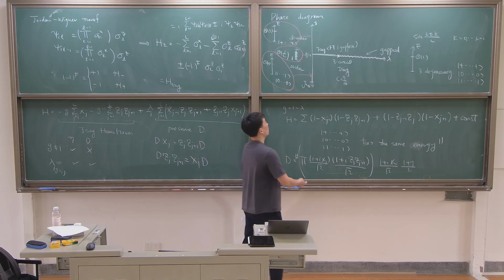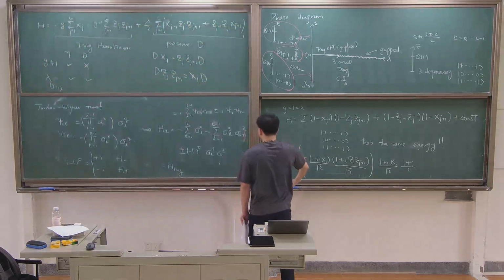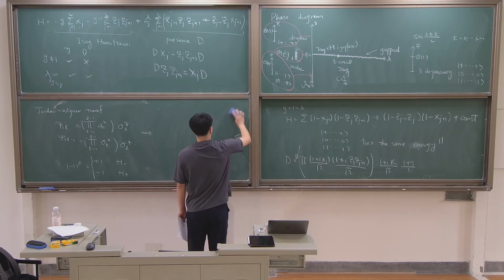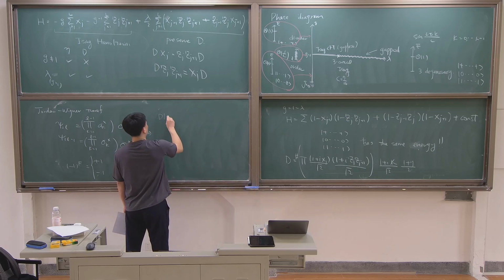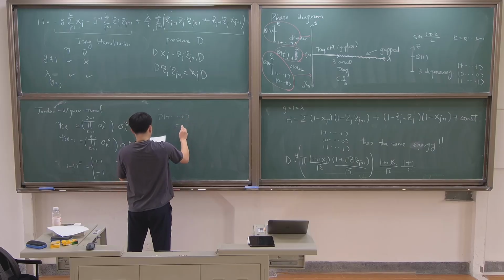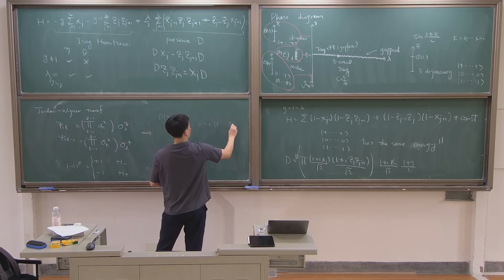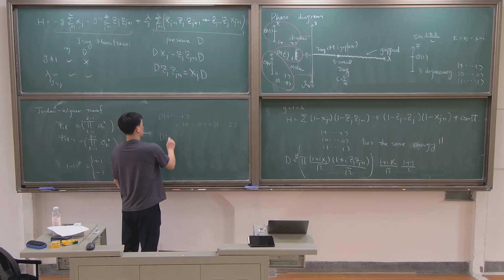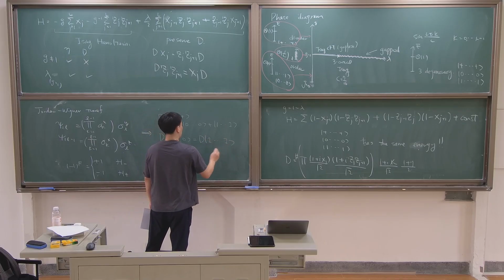And if D acts on this ground state, you will see the following thing. D acts on plus plus plus, you get 0 0 0 plus 1 1 1. That's what you get. On the other hand, D acts on 0 0 0 is equal to D acts on 1 1 1, which is plus plus plus.